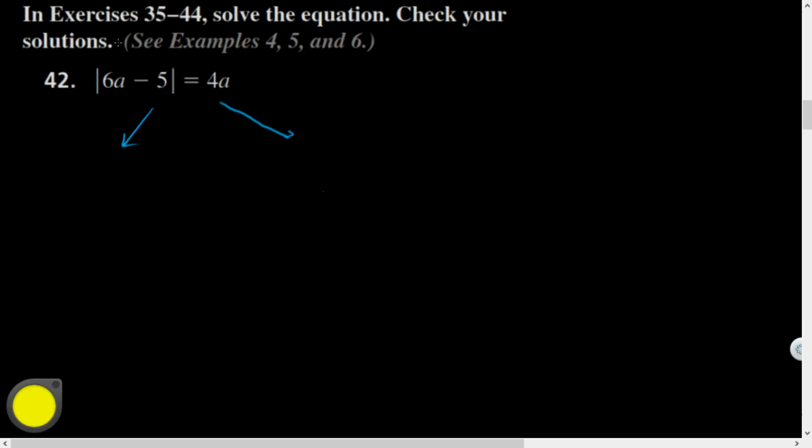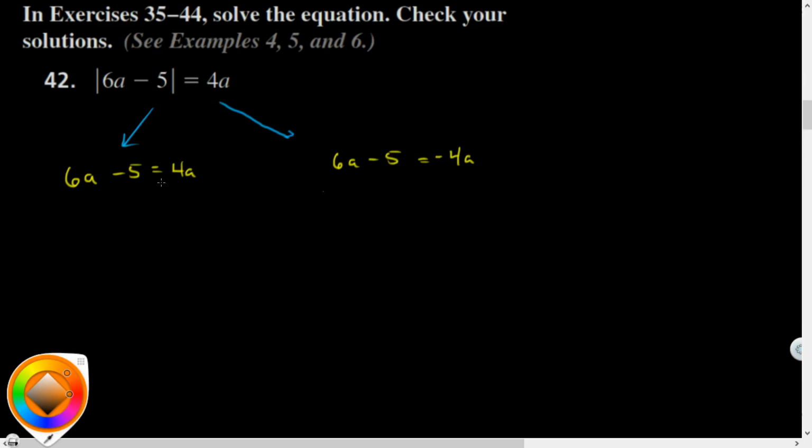The first thing we do, once the absolute value is by itself, we break it up into two separate equations. So either 6a minus 5 is equal to +4a, or 6a minus 5 is equal to -4a. Two possible situations. Either the inside was positive or the inside was negative, and so I account for both of those.